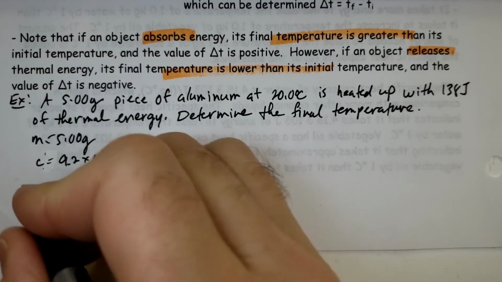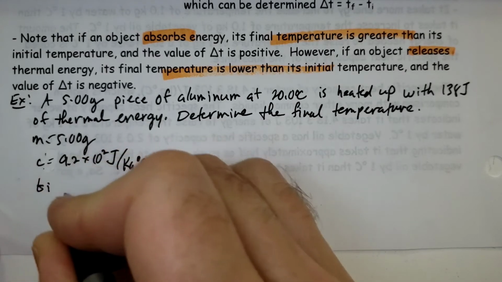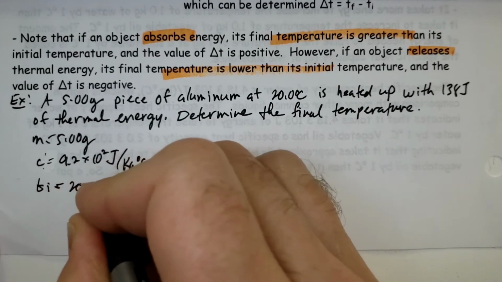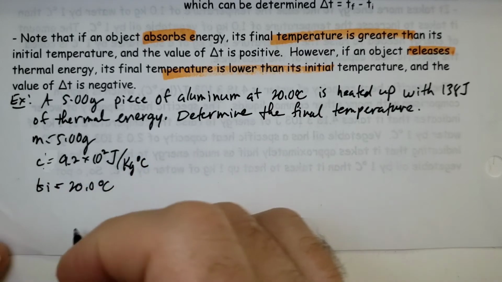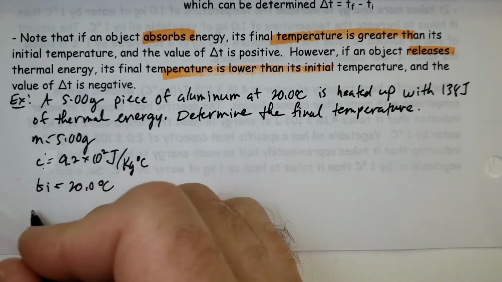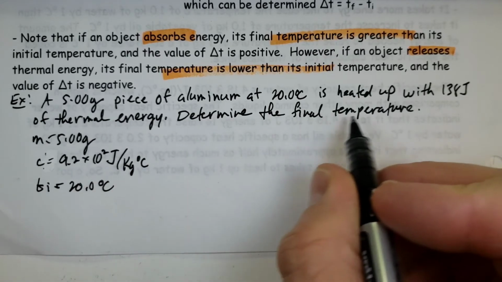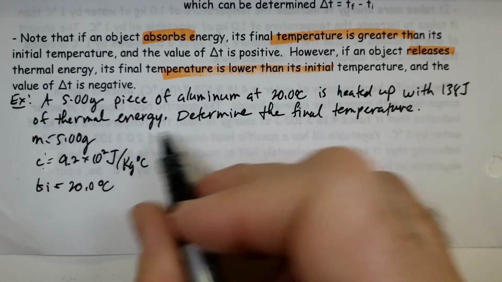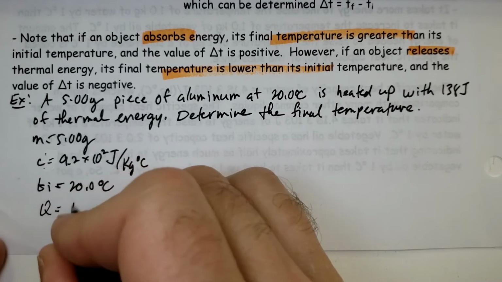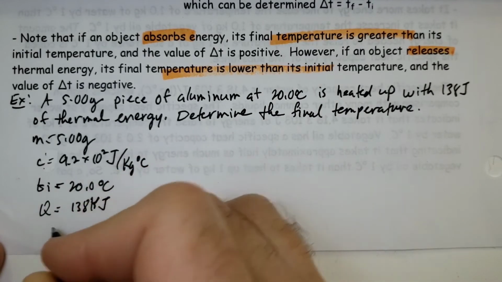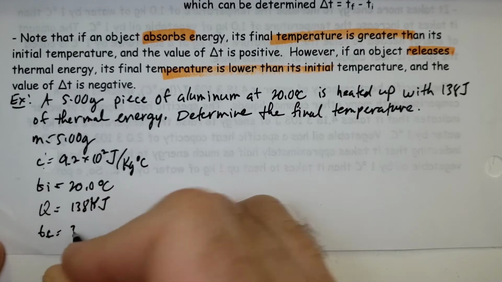We also know Ti is 20 degrees C. And let's see, what else do we know here? m, c, T, and then Q. Thermal energy is 138. And Tf is what we're looking for.